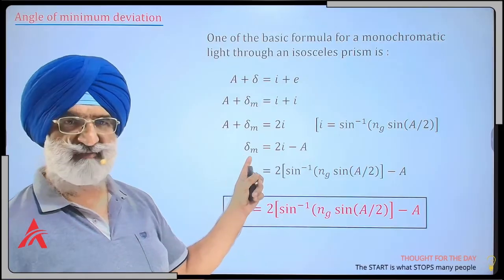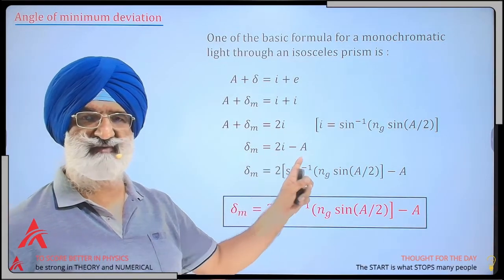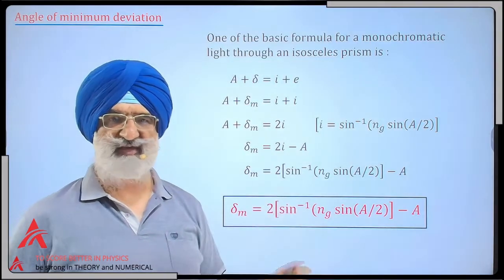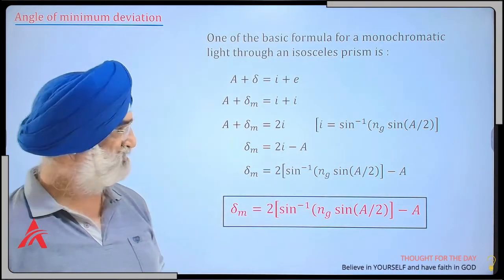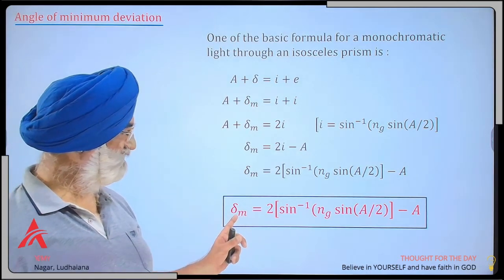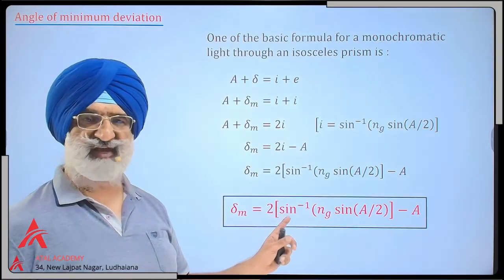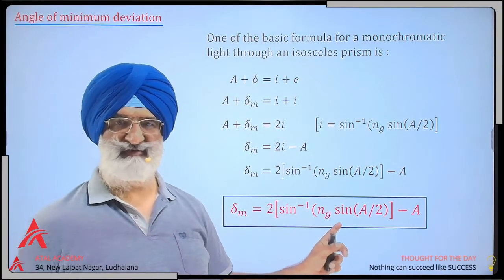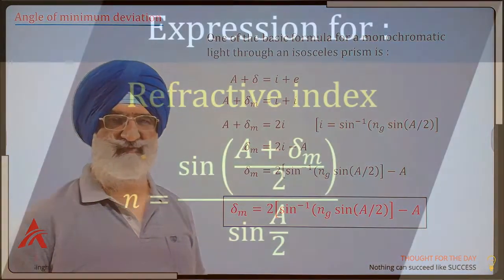So delta M, if you take A on the other side, will become 2I minus A. And I is sine inverse of refractive index of glass into sine A upon 2. Therefore, we get delta M, the angle of minimum deviation, is equal to 2 times sine inverse of refractive index of glass into sine A upon 2, minus A.